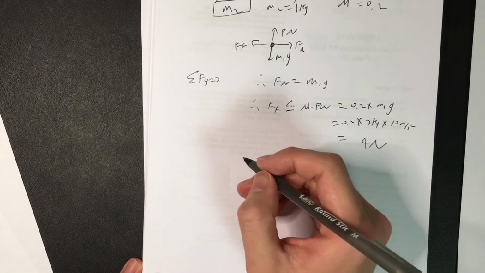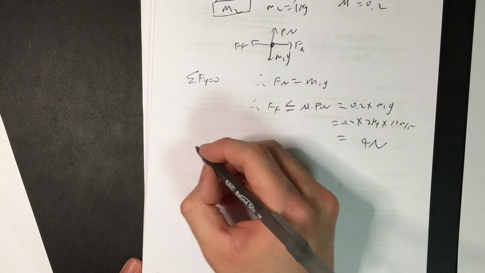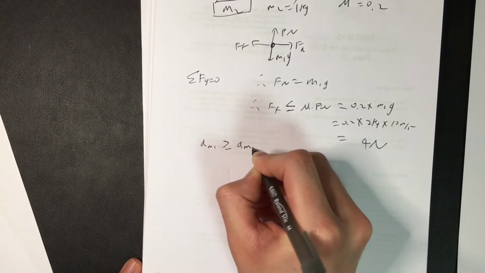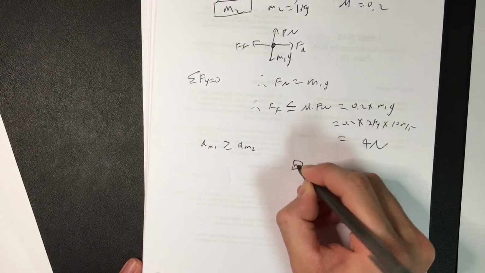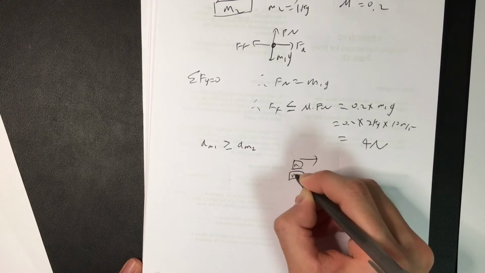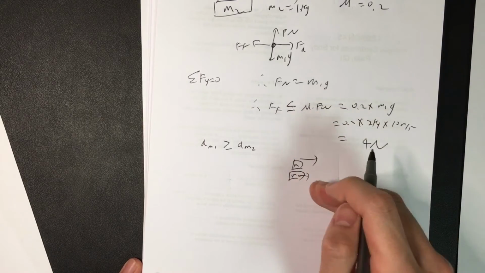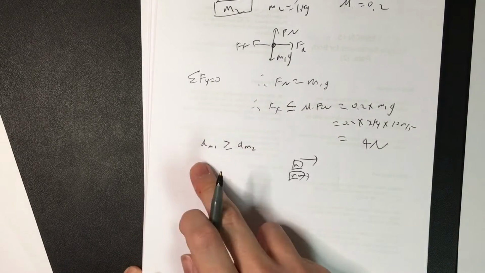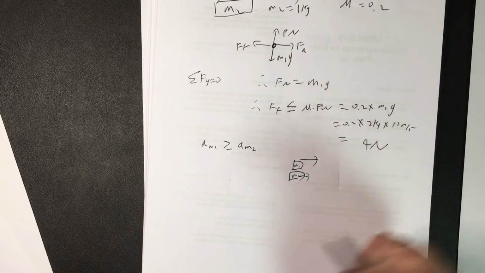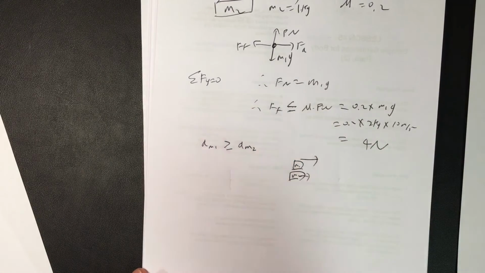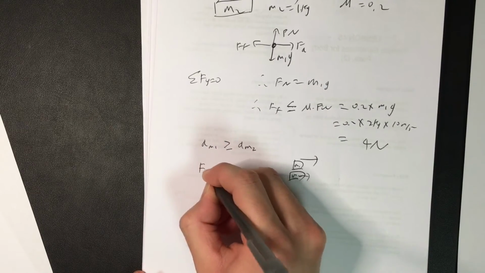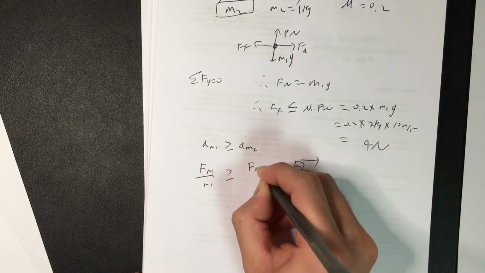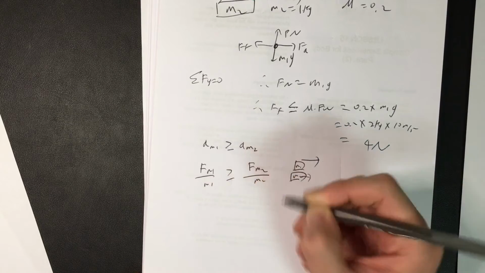Now, in order for M1 to slide across M2, the acceleration of M1 should be equal to or greater than the acceleration of M2, because M1's speed should exceed the speed of M2, and in order for M1 to travel at a greater velocity, its acceleration must be greater than that of M2, which means that the net force on M1 divided by M1 should be greater than the net force on M2 divided by M2.